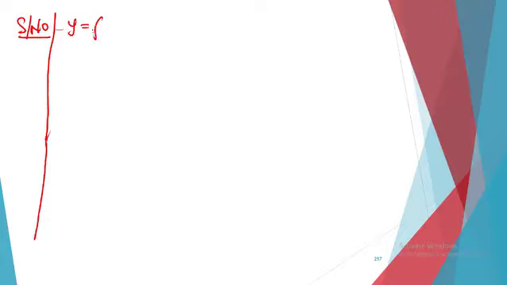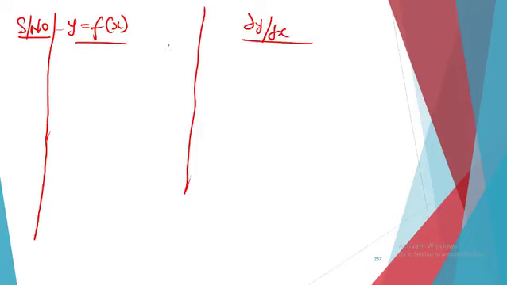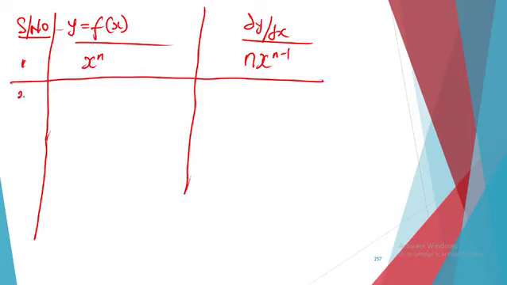So if we have y to be a function of x, then our dy over dx would then be obtained. So number 1, if we have x raised to power n, it's equal to nx raised to power n minus 1. Is that correct? That's the first thing you need to bear in mind.